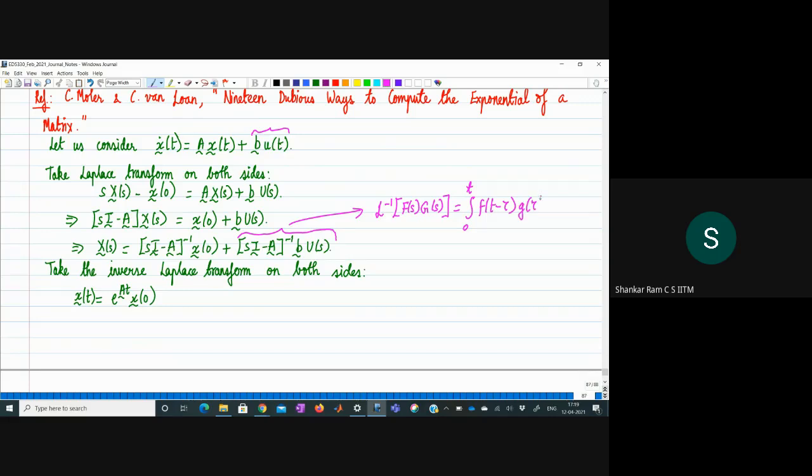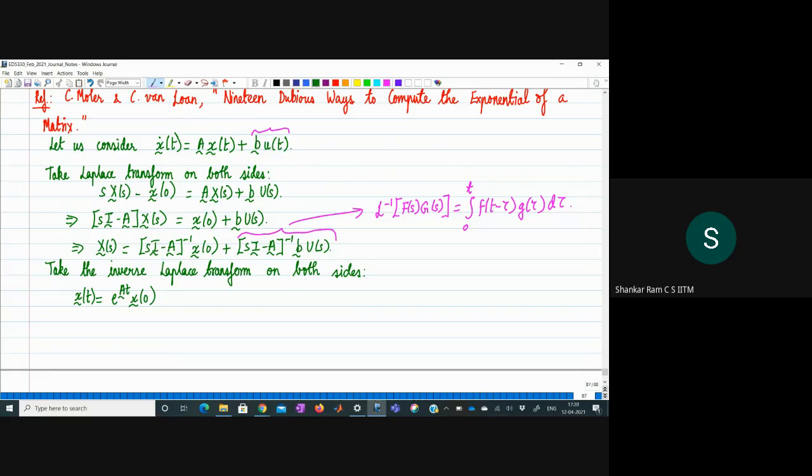The convolution integral is f of t minus tau, g of tau, d tau, integrated from 0 to t, where capital F(s) is the Laplace of small f(t), and capital G(s) is the Laplace of small g(t). That's one of the properties of the Laplace transform, which we are aware of. So we are going to use it here.